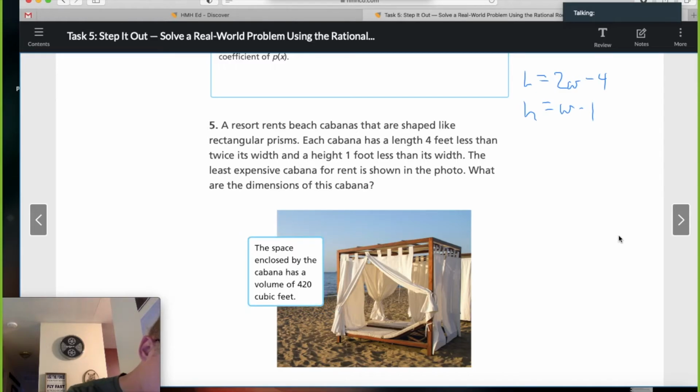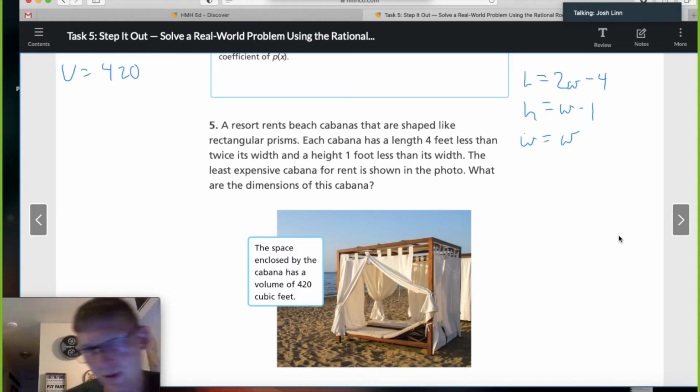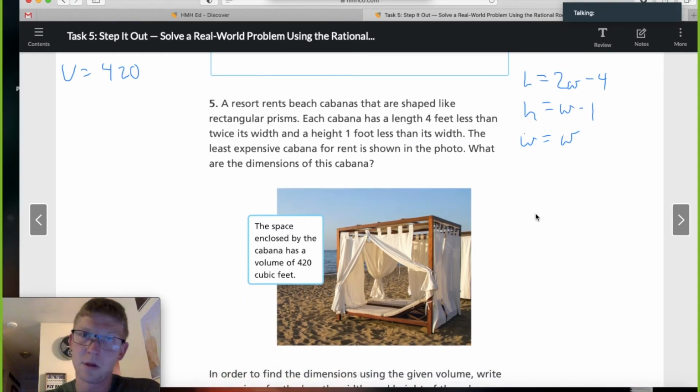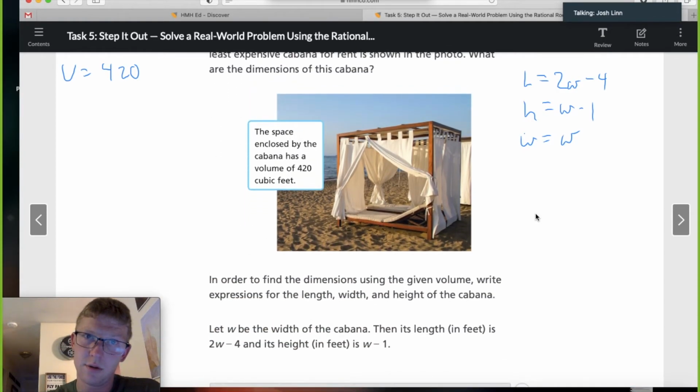So we know that our volume, I'll write that over here, equals 420. And since we're going to find our volume, it is going to be length times width times height. So our width is equal to our width. Turn that to x if you want. I don't care. Doesn't matter. So we need to find the dimensions.